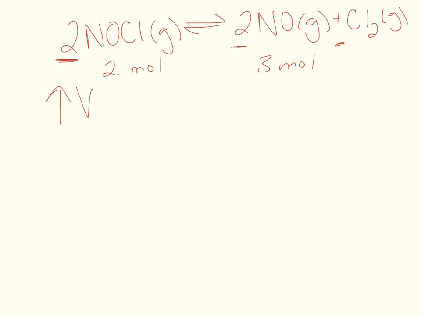So if I increase the volume, this overall equilibrium is going to shift toward the side that has a greater number of moles of gas. Conversely, if I were to decrease the volume, it would shift toward the side that has fewer moles of gas.